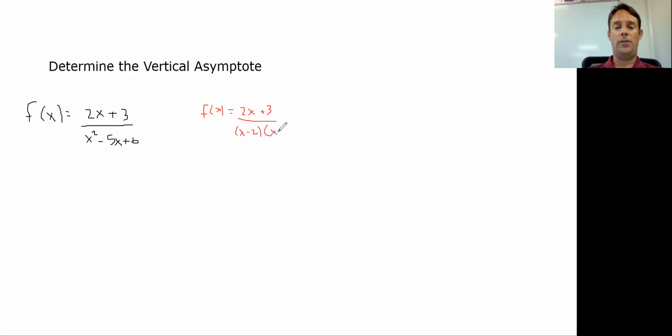And you would have come back and said, all right, since I have x minus 2 and x minus 3 in the denominator, that means x equals 2 would be a vertical asymptote and x equals 3. And you're not wrong. That's still a valid way to figure out vertical asymptotes. But if we're looking at it in terms of a limit, here's what we're looking at.